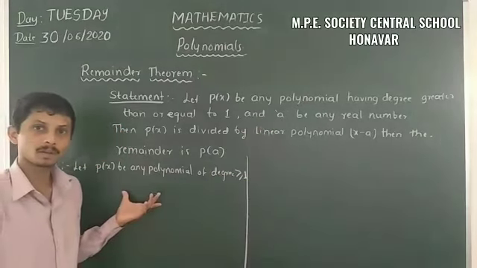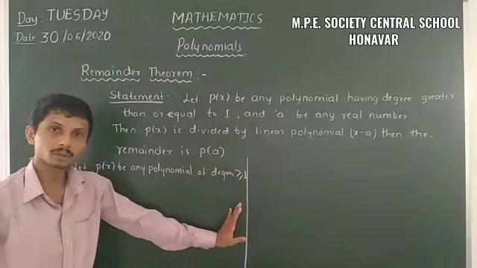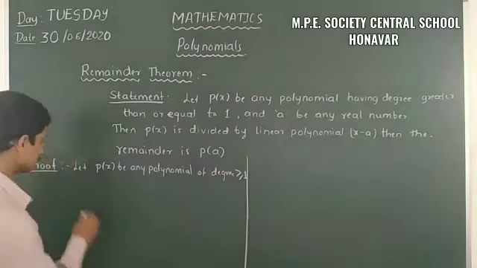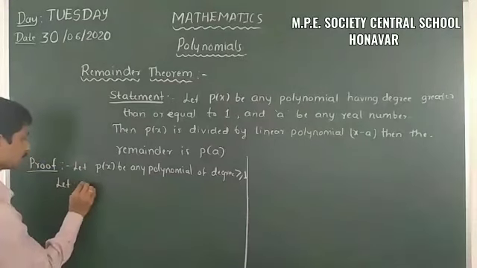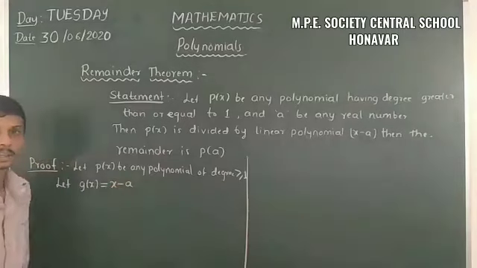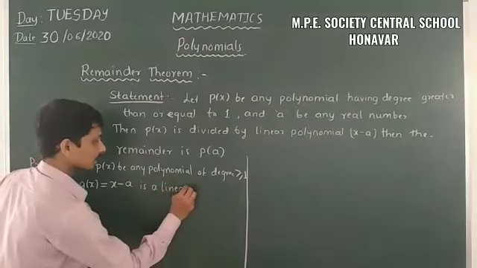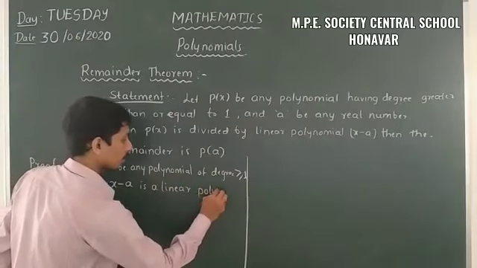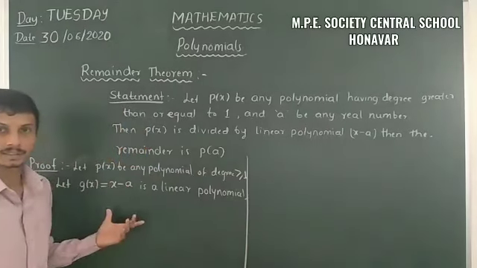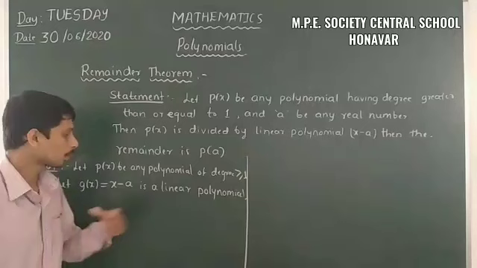So we have a polynomial p of x with degree greater than or equal to 1. Now we take the divisor. Let g of x equal x minus a. It is a linear polynomial, and it must be a linear polynomial.